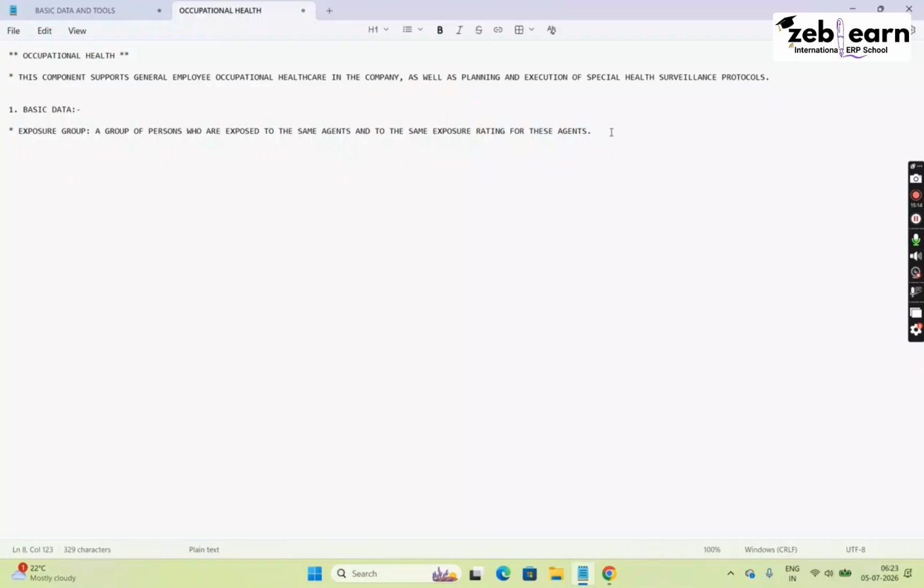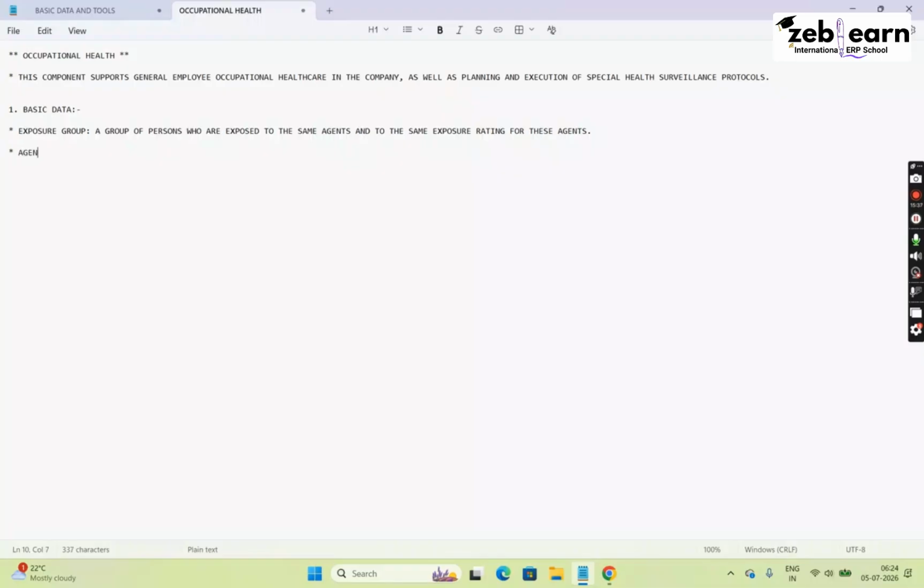So again, they are called an exposure group. You can give many examples, like even a group of welders doing welding activity, who will be exposed to dangerous fumes. That is also one example. This is the exposure group.